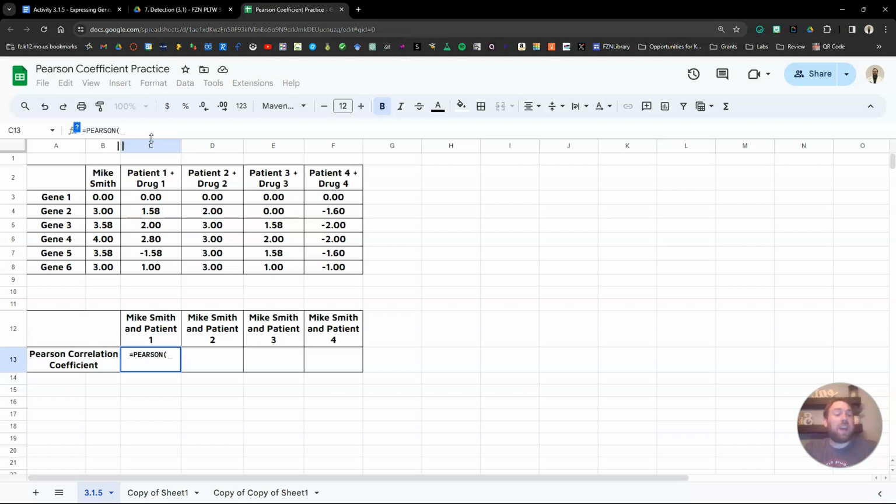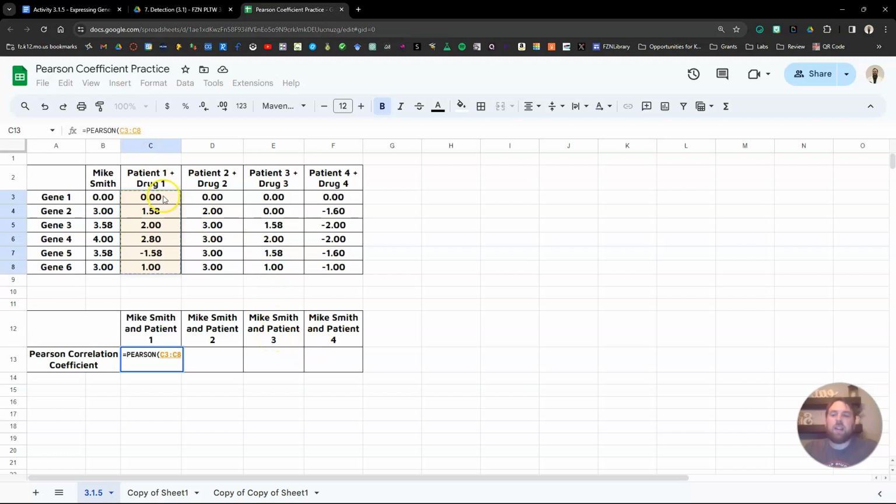In order to do this, I need to tell it the two sets of data that I wanted to compare. And we'll start with the patient that we want to compare to Mike Smith, because we're comparing each of these patients back to the original guy, Mike Smith, to see how closely aligned they are to him. So I'm going to have them listed as first.